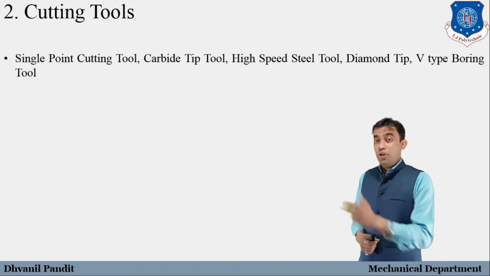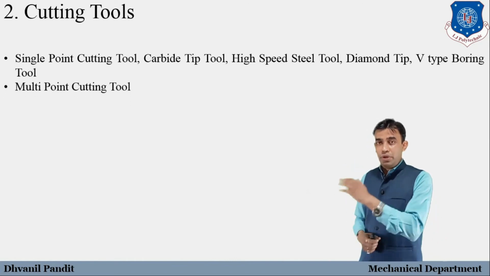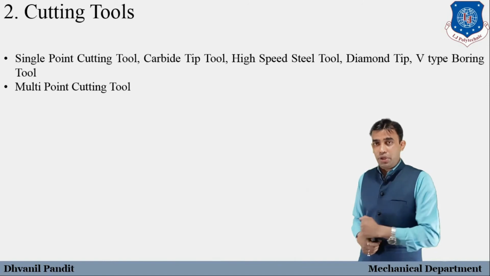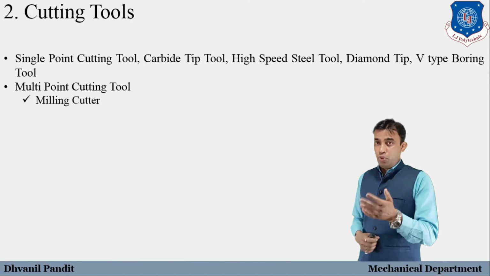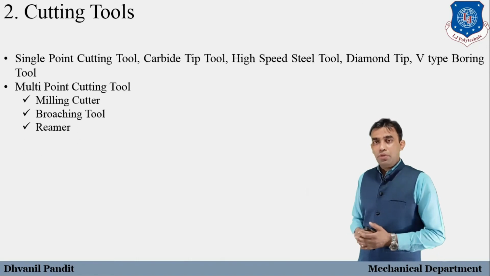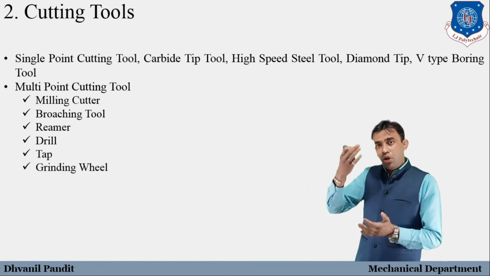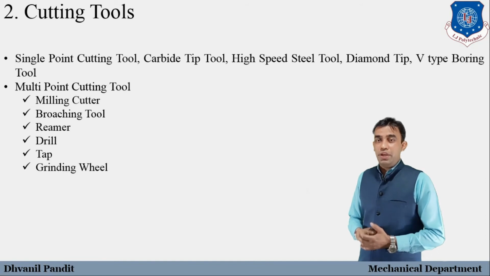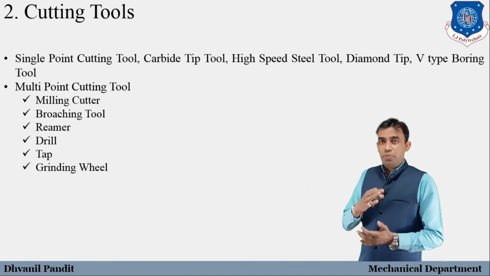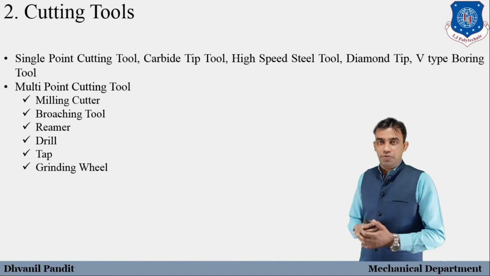In the case of multi-point cutting tools, if we classify them, a multi-point cutting tool can be a milling cutter, broaching tool, reamer, drill, tap, grinding wheel. So these all are categorized as multi-point cutting tools. See, single point and multi-point cutting tools have sub-classifications and different types, right?